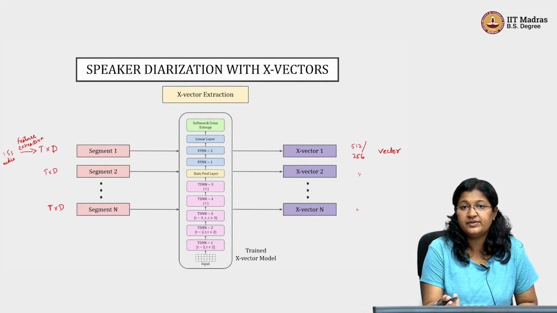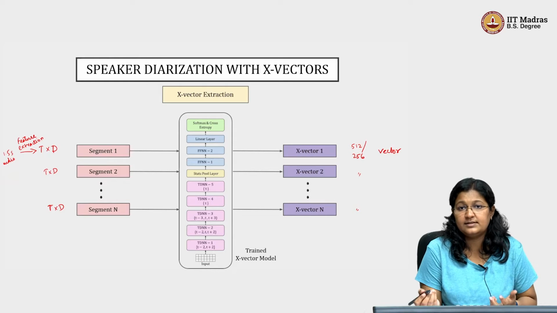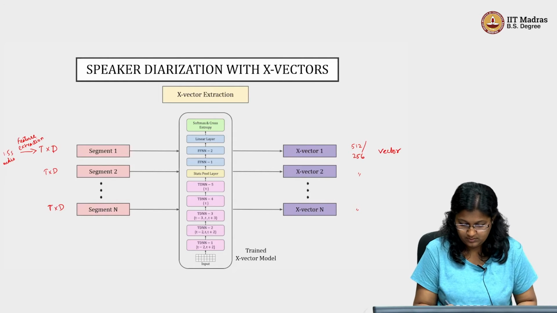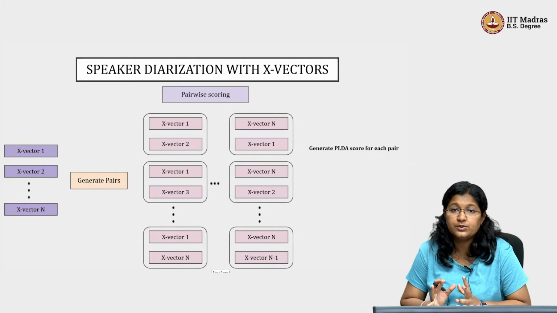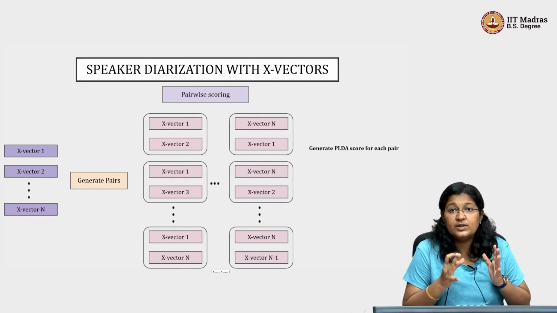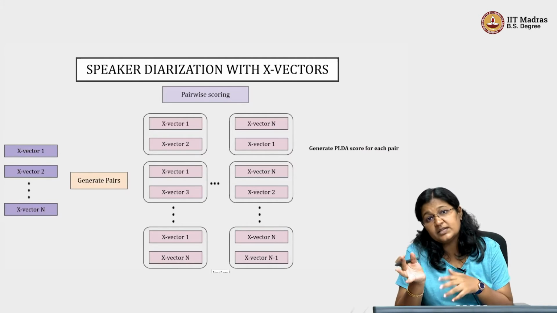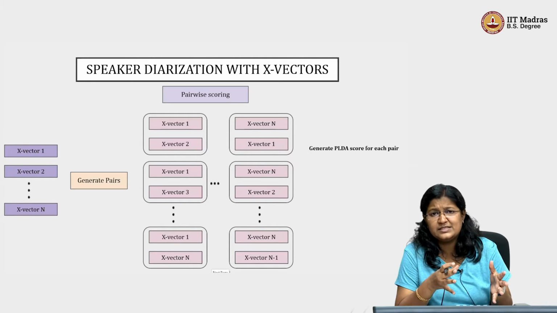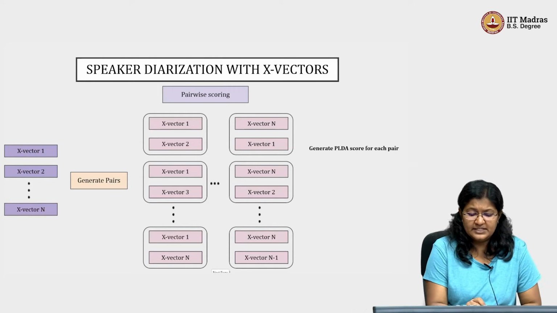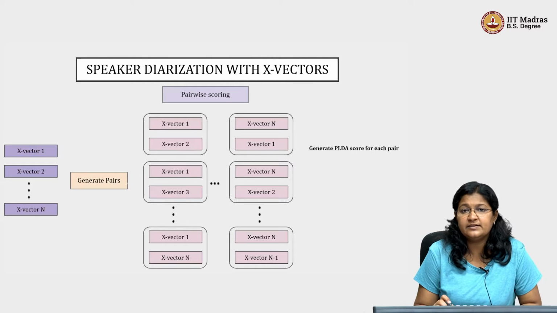Now, you can play with different vectors, it is not necessary that it should be x vectors alone, okay. Next, what you are supposed to do is a pairwise scoring. So, you had n segments, we received n x vectors from our trained x vector model, right. Now, you have to generate pairs. How many pairs can I generate?